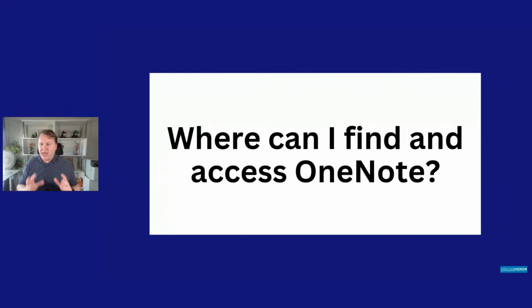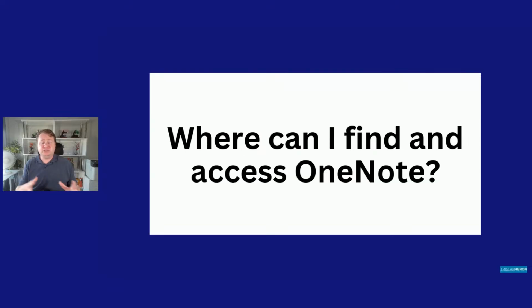So where can you find OneNote and how can you access it? There are a couple of different ways to go about this, and it depends on your particular context and also on what type of device you're using. As we mentioned earlier, there are a number of different ways we can access our OneNote documents across multiple devices, because it's going to be synced if you're using the cloud-based version.